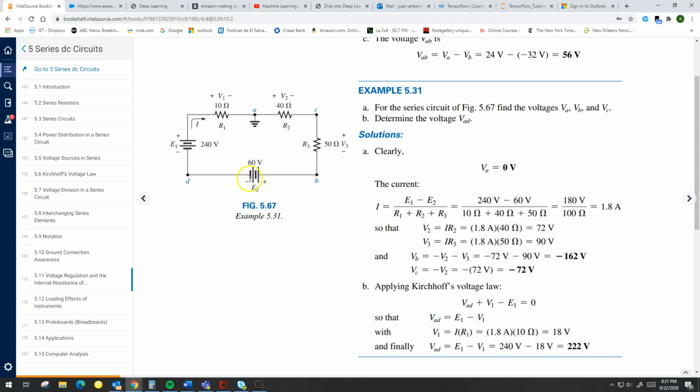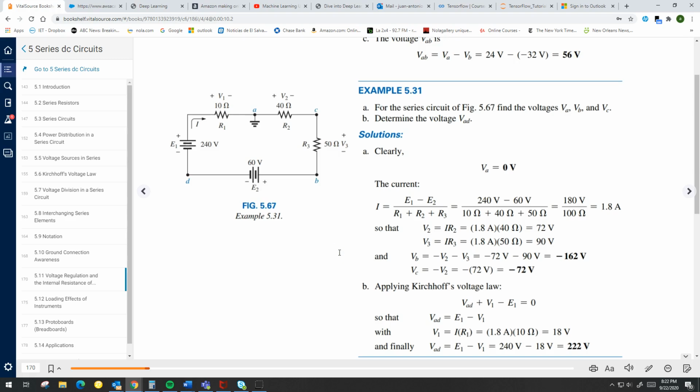Because if you go from this point to that point, you have a voltage drop, but if you keep going, then you have a voltage gain of 240 volts. So if you combine those two voltage sources, you have 240 minus 60 as one single source, divided by the total resistance, which gives you this expression for the total current.